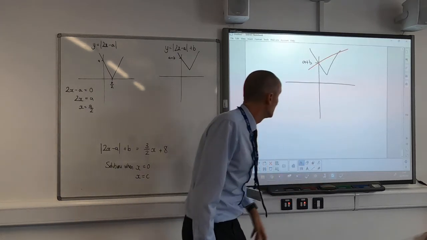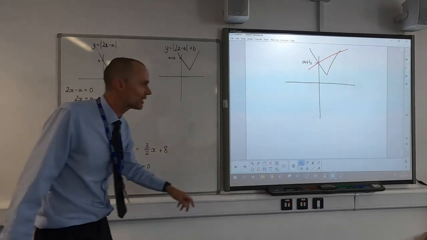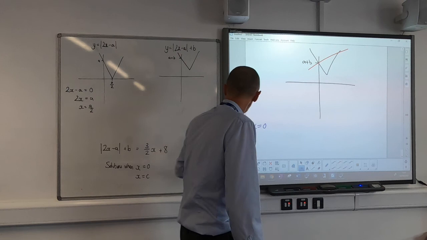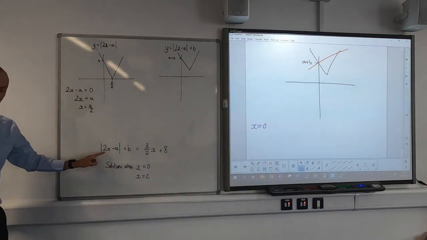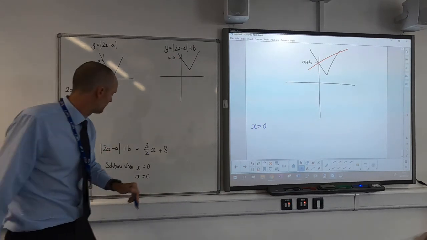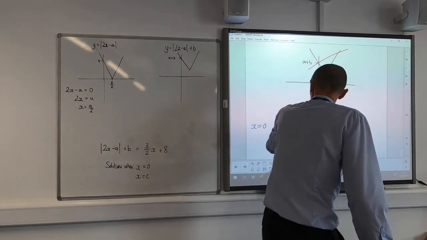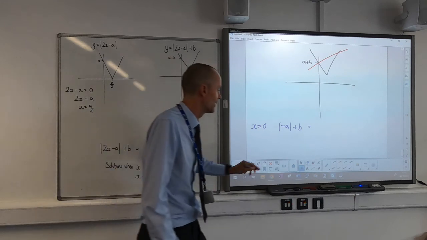Right, so I know that this equation works when x equals 0. So I'm going to rewrite it and make x equal to 0. So 2 lots of 0 is 0 minus a. So I'm just left with the modulus of minus a. And if x is 0, 3 over 2 times 0 is 0, plus 8.